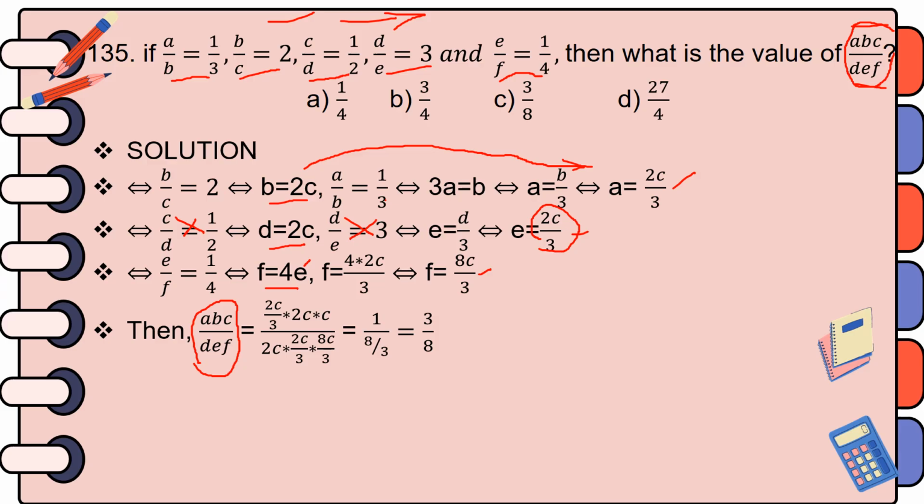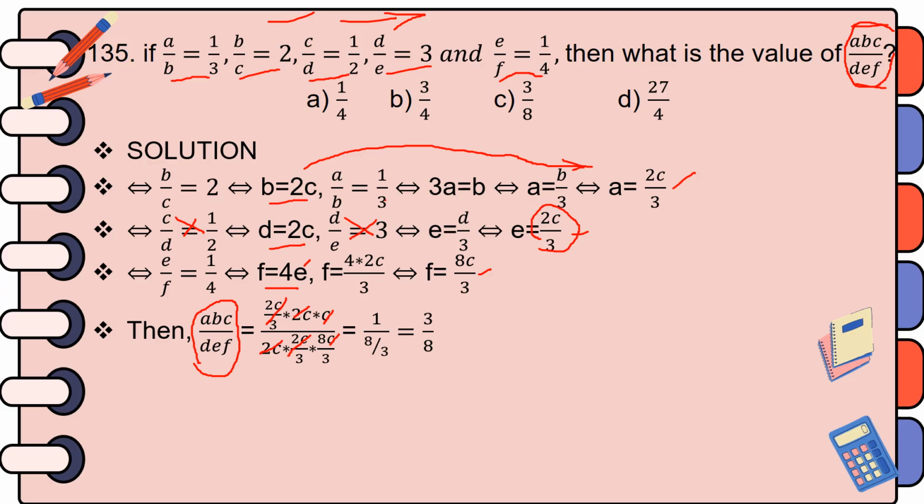But here 2C over 3 on the numerator and 2C over 3 on the denominator is cancelled out. And we have 2C on the numerator and 2C on the denominator, it is cancelled out. And again, C will be cancelled out by C here. So what remains from the numerator is only 1.